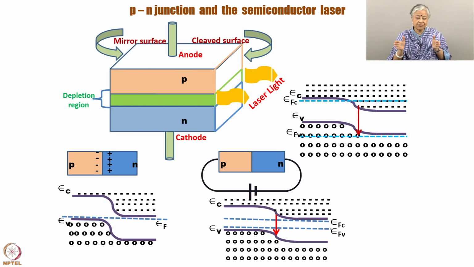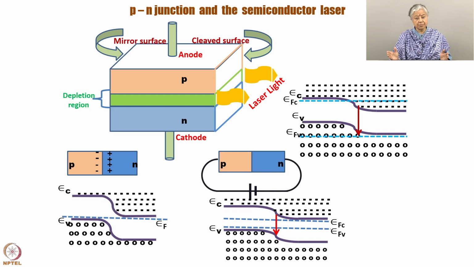Now, what is meant by cleaved? Cleaved is, you know, a special way of cutting absolutely parallel to the parallel surfaces, or maybe you can say perpendicular to this surface. Okay, this is exactly perpendicular to this surface. So, when it is cleaved, it gives you a mirror like quality. The semiconductor laser is such a tiny object, the semiconductor itself, that putting separate mirrors is out of question.